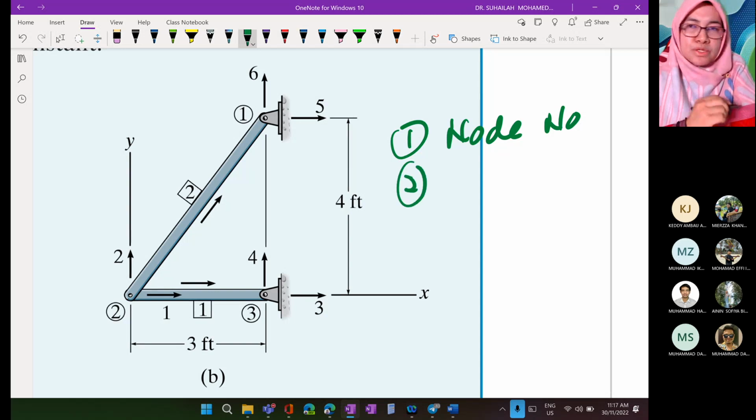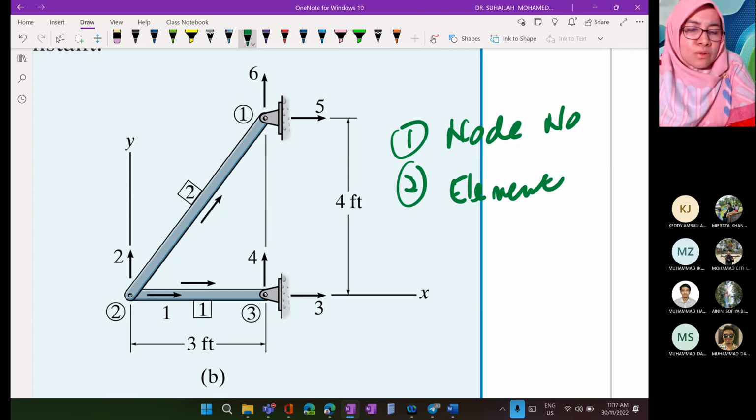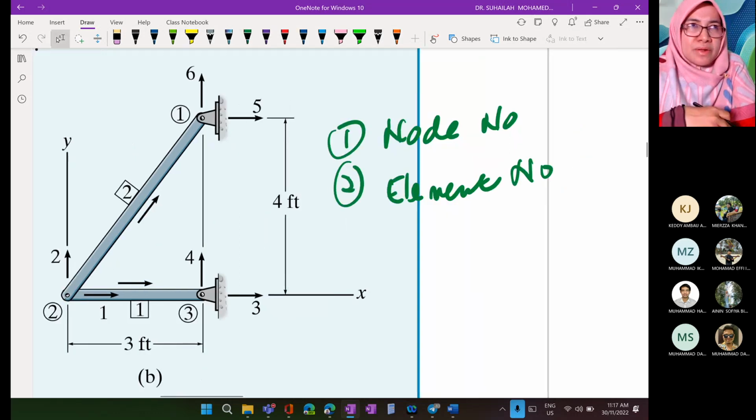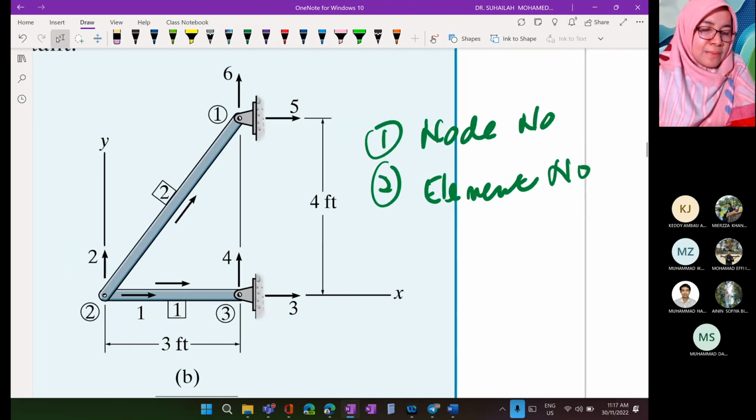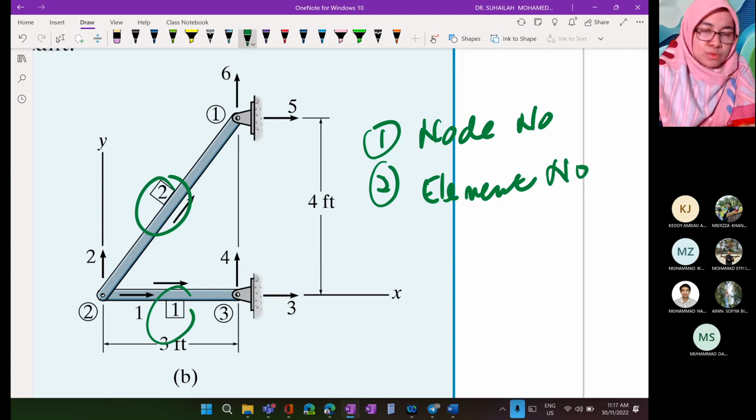Number 2, we should have element numbers. Element is member. Conventionally we refer to member AB, member CD, but in the stiffness matrix method we call it element number, so we have element number 1 and element number 2.